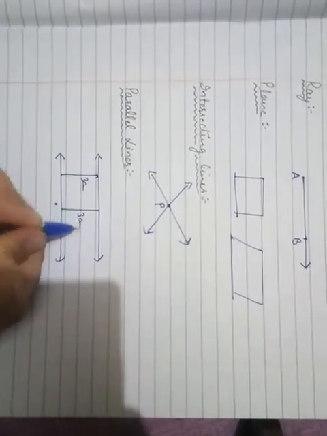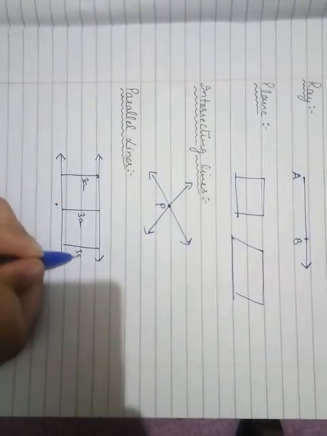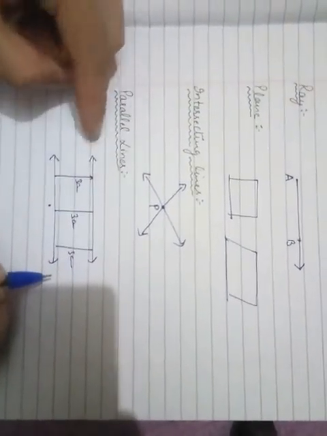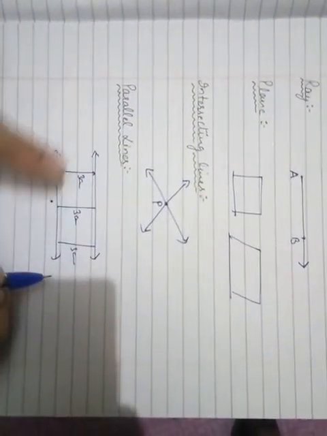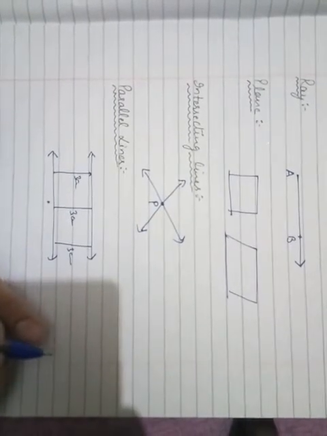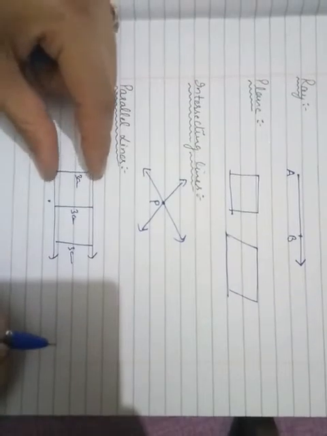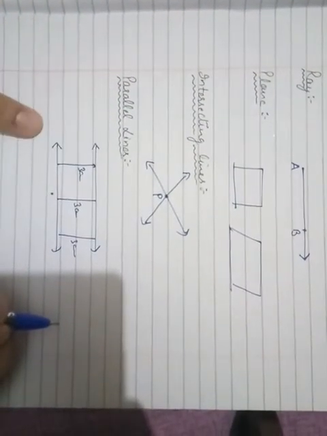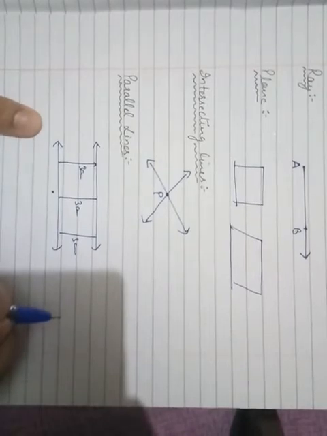Here also it is 3 centimeter. Here also it is 3 centimeter. That means the perpendicular distance between the two lines remains same all the sides. Clear? All the times the distance between these two lines remains same. So these lines are parallel lines.